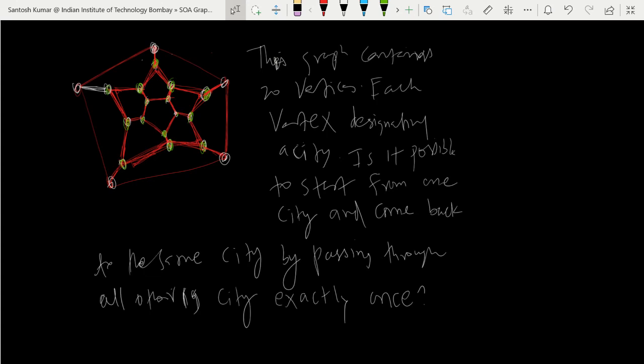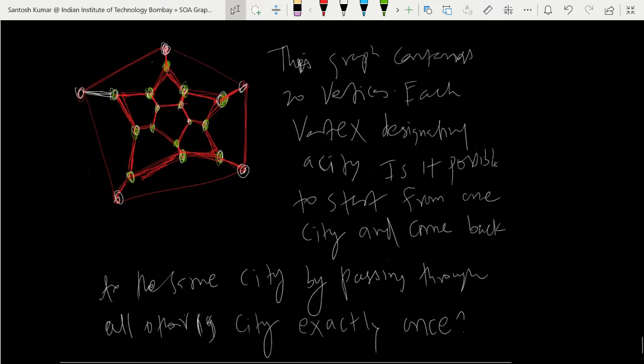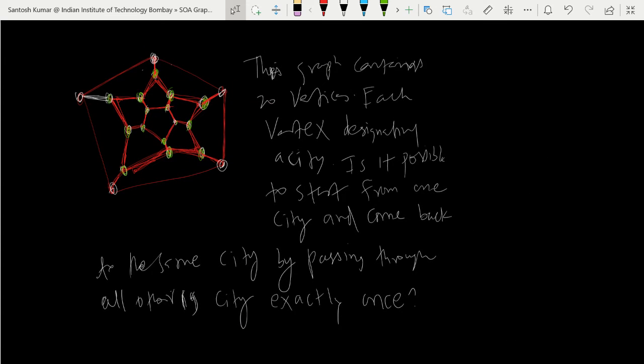So is it possible? You draw the graph on your paper and try it, or you can label the edges. Is it possible to start from one vertex and come back to the same by visiting all the cities exactly once? Yes or no?